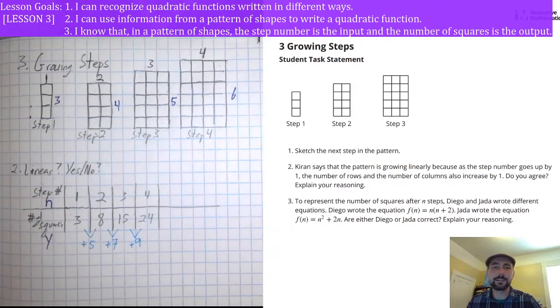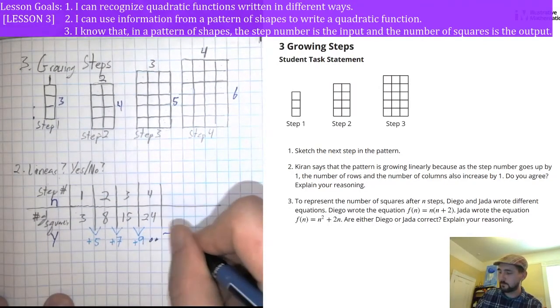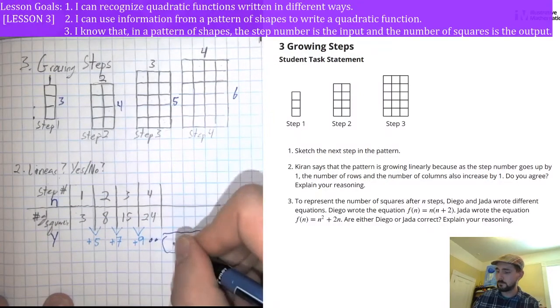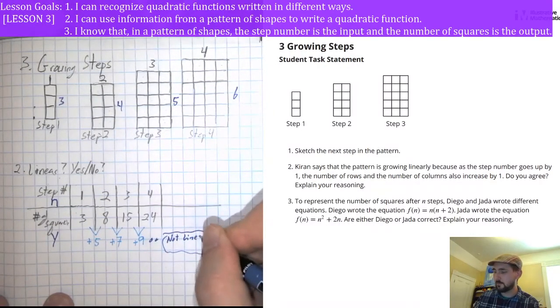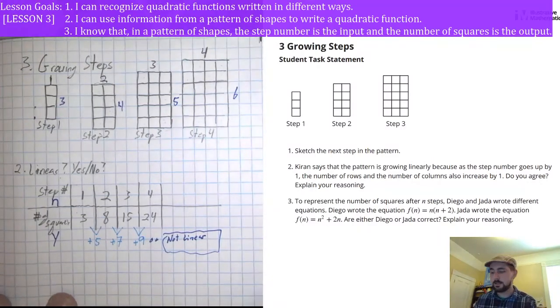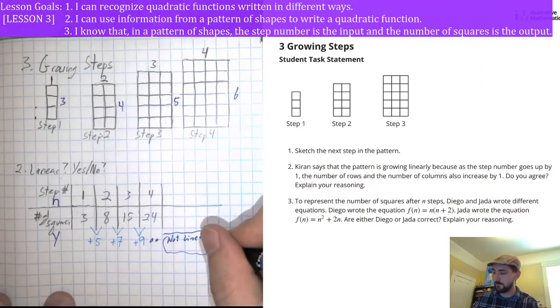That's not a linear growth pattern. Not linear. Because the amount we're adding changes each time.